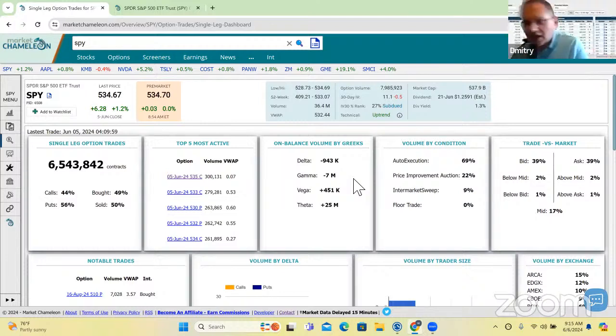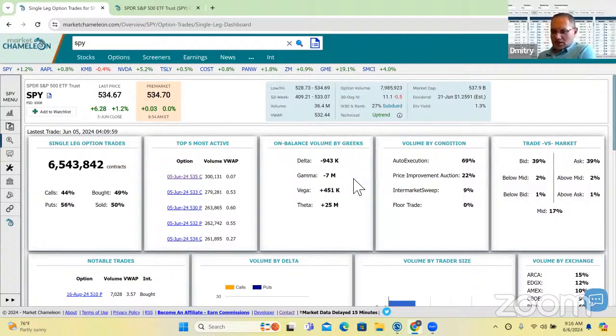Then we have market takers. Those are the ones trying to more aggressively go in and get a fill right away, or trying to get a price improvement, but they're market takers. They're more of the initiators.